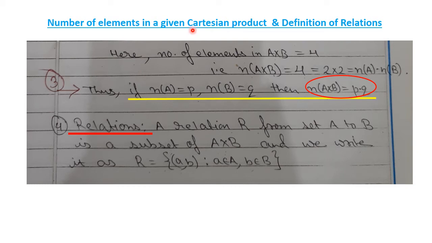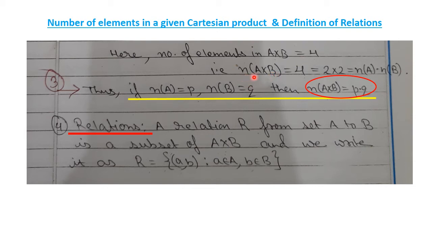Number of elements in a given Cartesian product and definition of relations. So here in the above example, number of elements in set A was 2 and number of elements in set B was 2, and we saw that number of elements in the Cartesian product of A and B was 4.